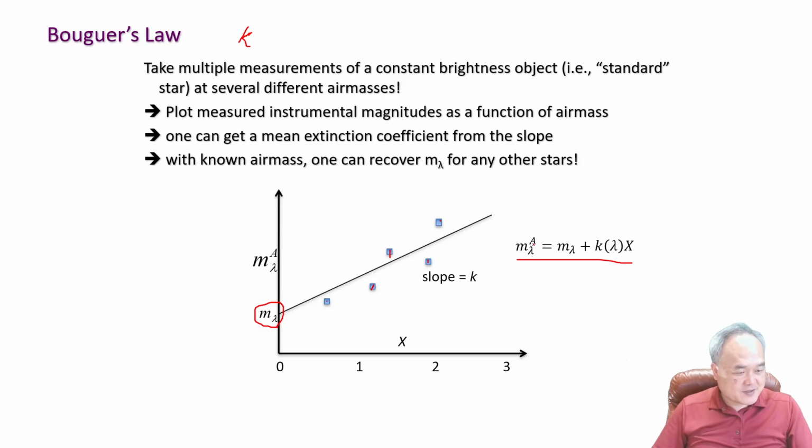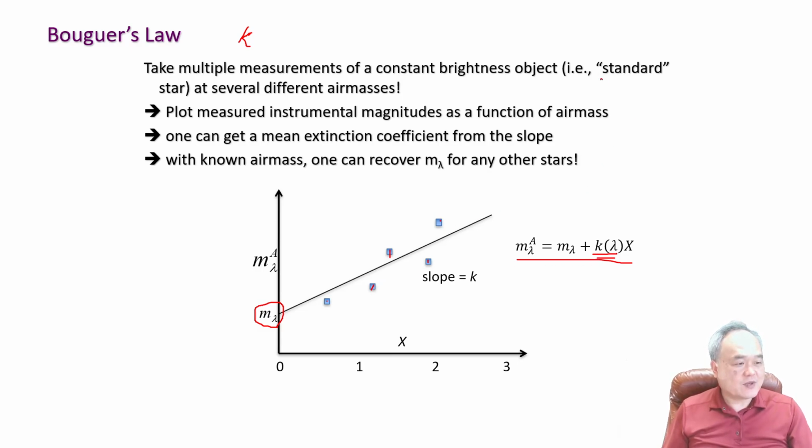So that's the m superscript a at 5 different air masses, all related to the single extinction coefficient, right? So this relationship is supposed to be a straight line. The y-intercept is m sub lambda, the known brightness outside of the atmosphere, and the slope should be the extinction coefficient.